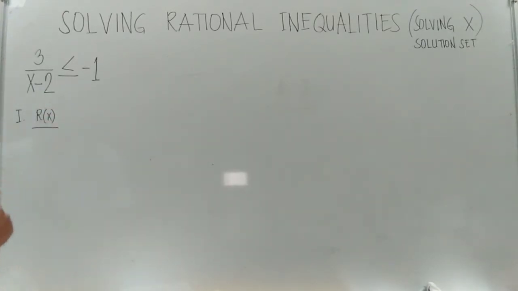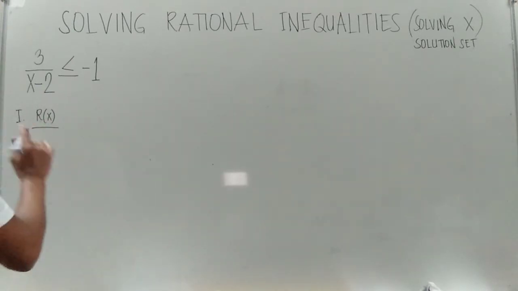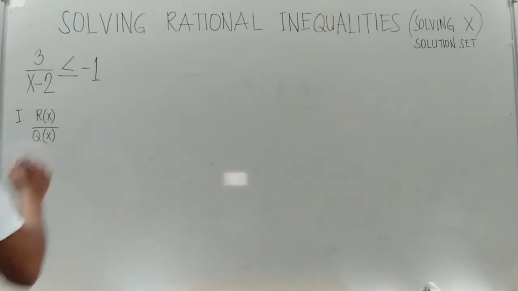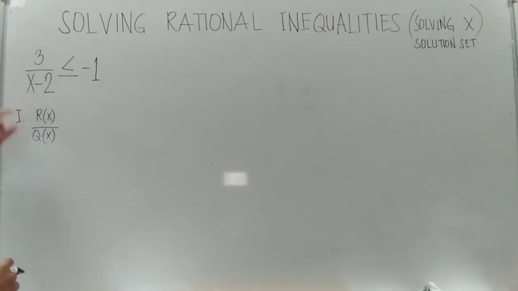Assuming your numerator is denoted by r of x and your denominator is denoted by q of x, but you can denote your numerator and denominator by any variable you want.